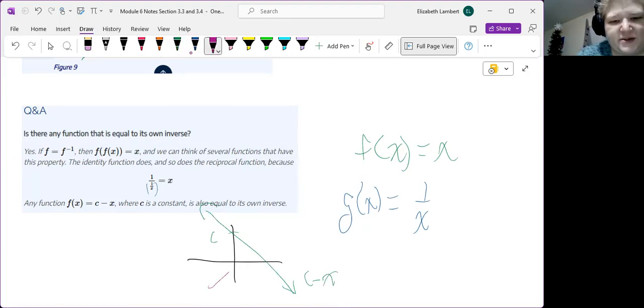But if I put a perfect positive diagonal, the line, when I flip it, is itself. Our perfect diagonal line is the identity function, y equals x. And then 1 over x, when you look at it, has this behavior where the two positive parts are a nice mirror image across the diagonal, and the two negative parts do the same thing.